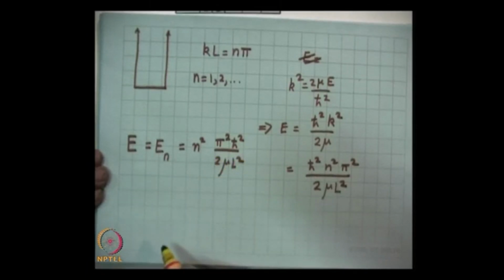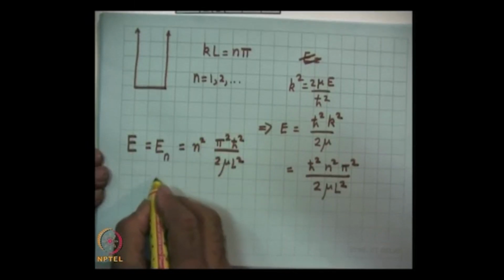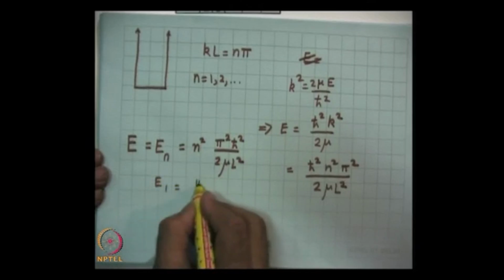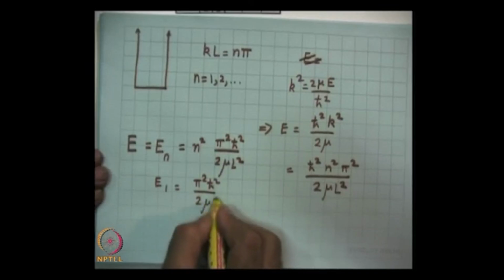When n is 1, E 1 is equal to pi square h cross square by 2 mu L square.